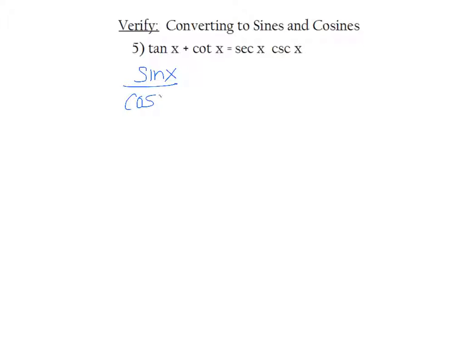Oh, you know what? I forgot to mention this. You're going to find that there are numerous ways to verify these identities. I'm picking the way that comes to me. You might pick a different way and still end up verifying the identity. That is absolutely fine. In fact, most of the time, there's multiple ways to verify it.